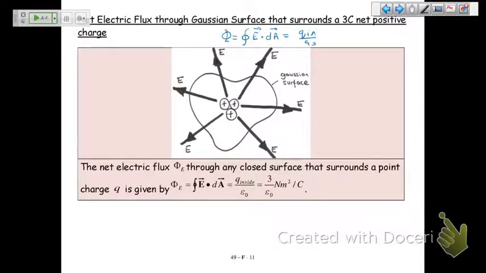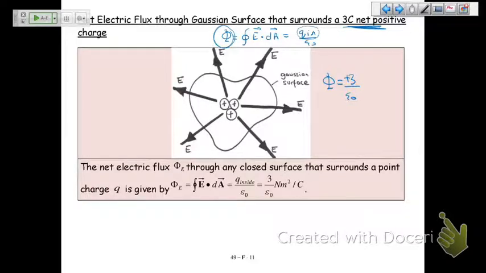I'm going to write that down as many times as I can because I want to know it for the test. Oh, and I know my Q in. I got told that. So my flux is going to equal plus 3 over epsilon naught. Well, that was pretty straightforward.